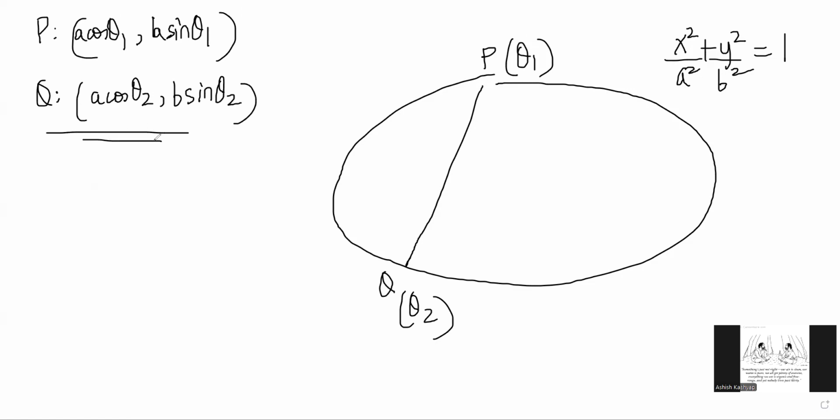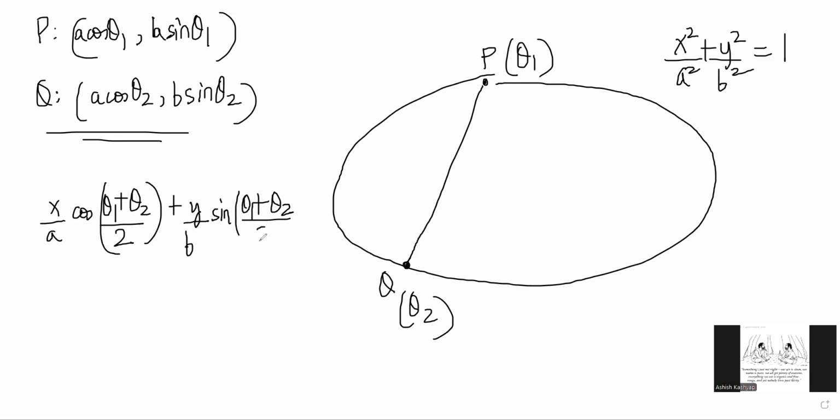These are P and Q. We can show by doing the simple 2-point form straight line equation and simplification using trigonometric results that the equation of the chord PQ will come out to be x by a cos of (theta 1 plus theta 2) by 2 plus y by b sin of (theta 1 plus theta 2) by 2 is equal to cos of (theta 1 minus theta 2) by 2.